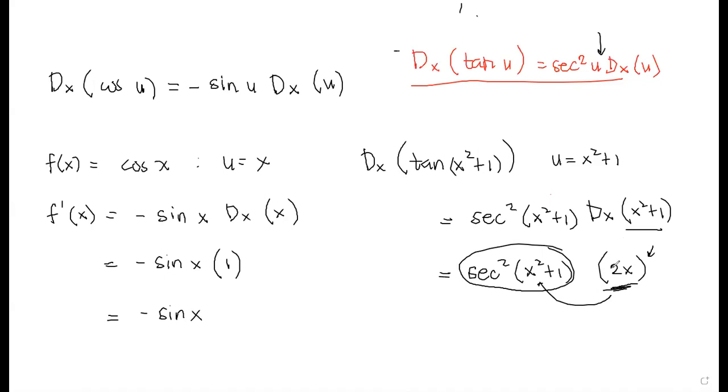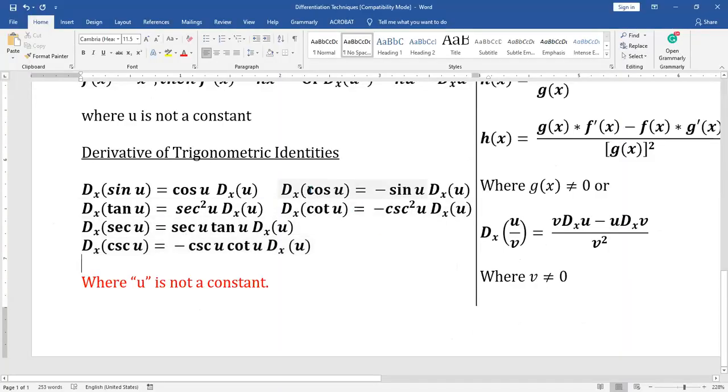So technically, you cannot multiply 2x by x squared plus 1. Your final answer should be 2x secant squared of x squared plus 1. Question? And we're going to work on the rest of the formulas of the trigonometric identities. That's going to be the same thing here.